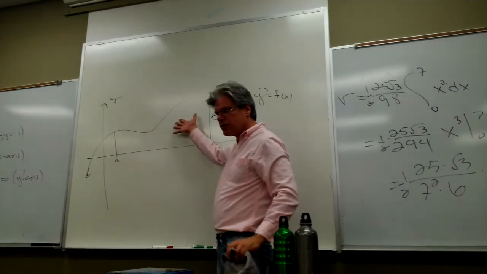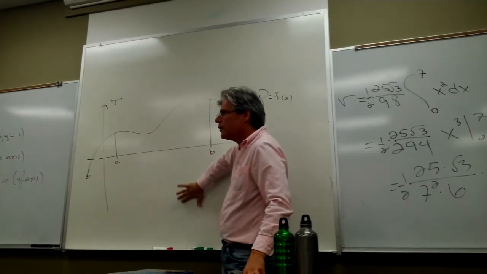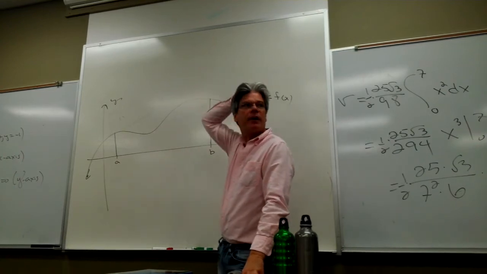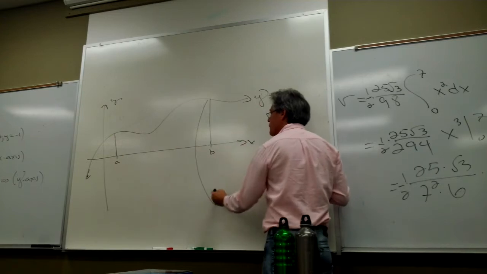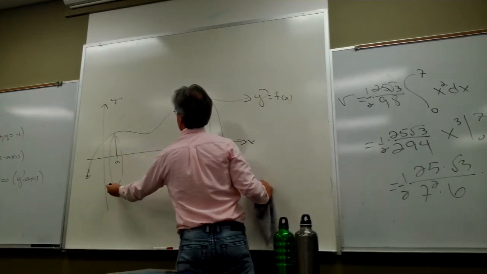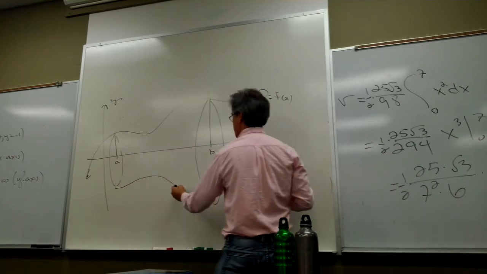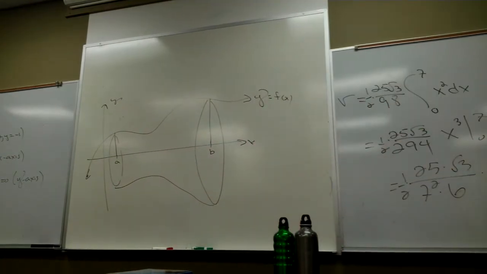I'm going to take this region and rotate it off the blackboard into three-dimensional space, 360 degrees all the way around. And I think if I do that, what I'll end up generating is a three-dimensional object that kind of looks like this. Pretty vase. A pretty vase, yes. Or an odd-looking speaker.